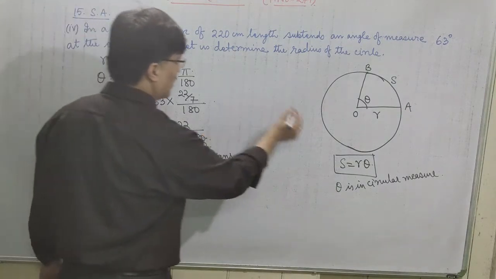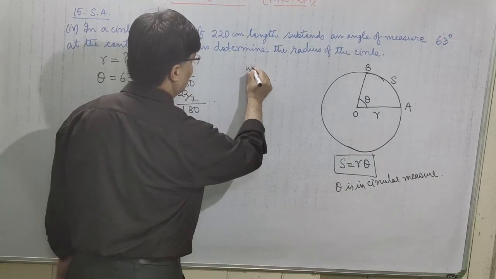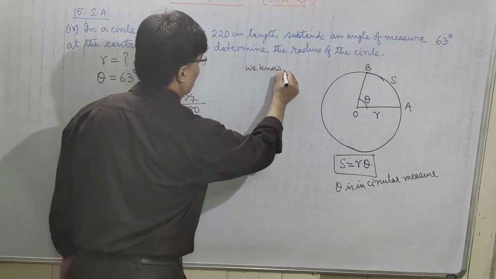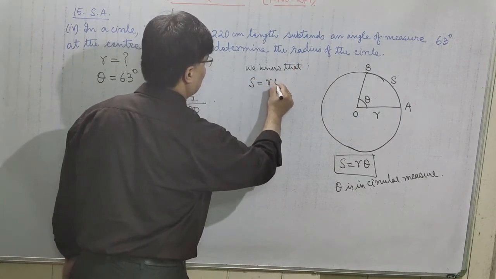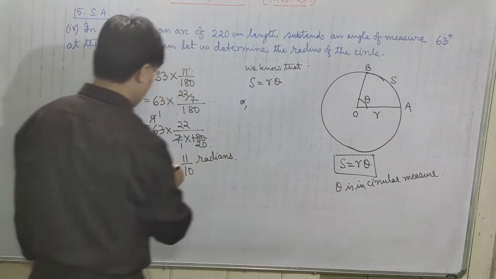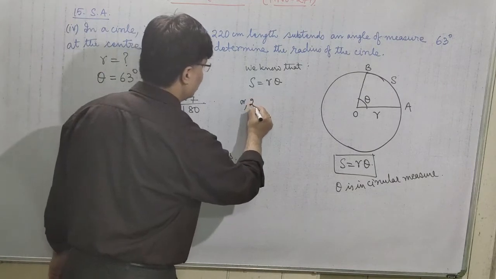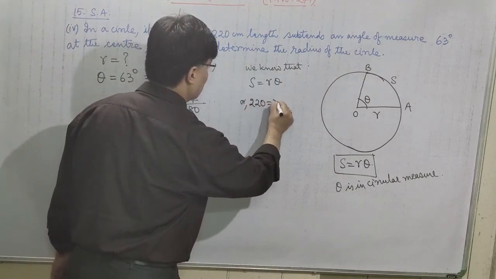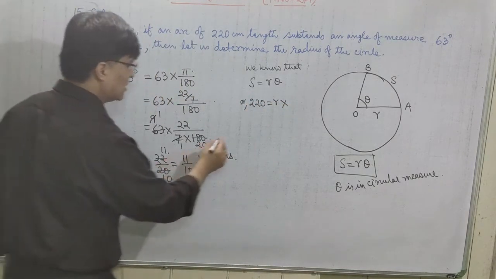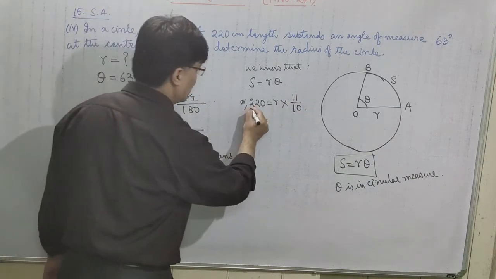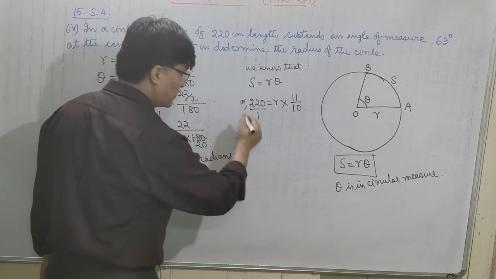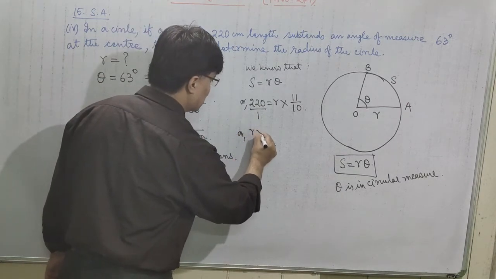Okay. So now we can use this formula. We know that S is equal to R theta. What is S here? It is 220 is equal to R into, what is theta here? Theta is 11 by 10. So below 220 there is 1. So let us do cross multiplication.